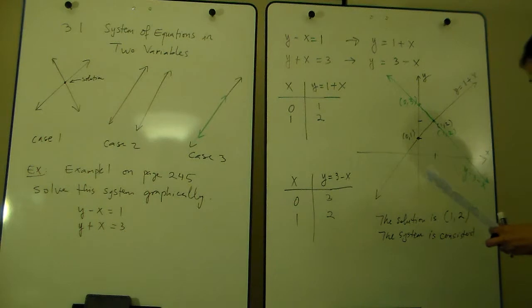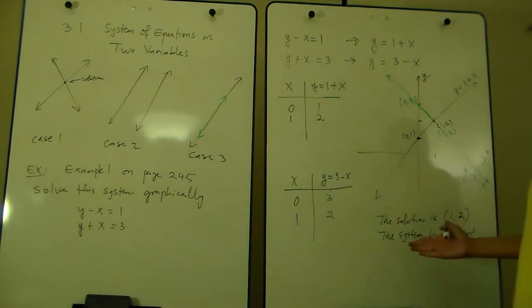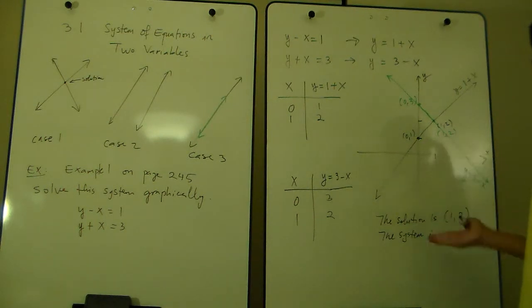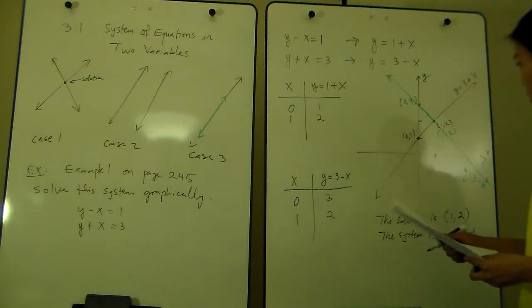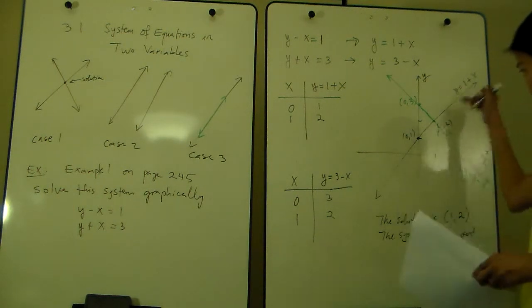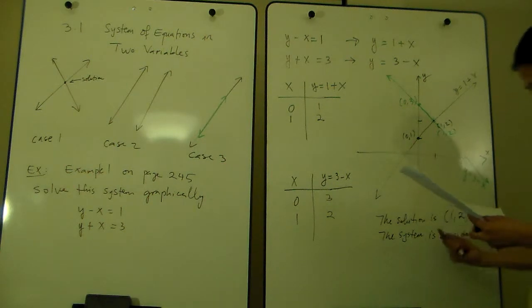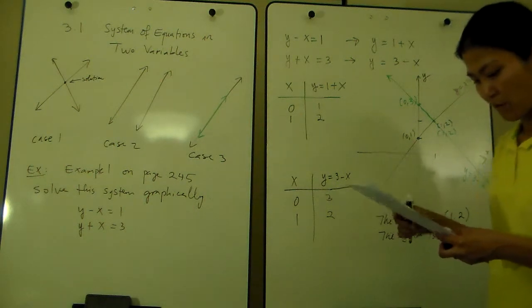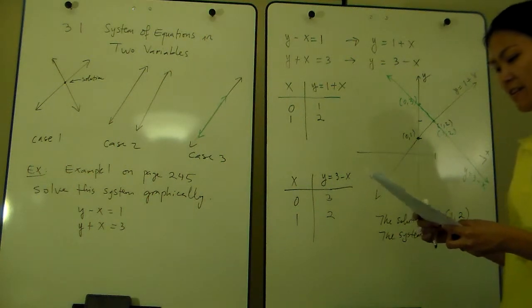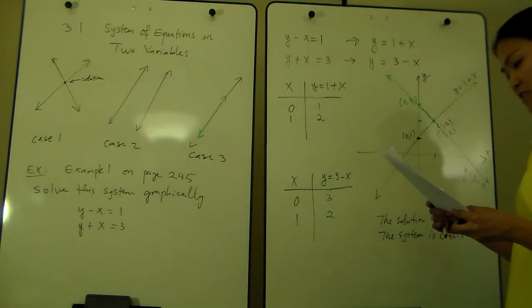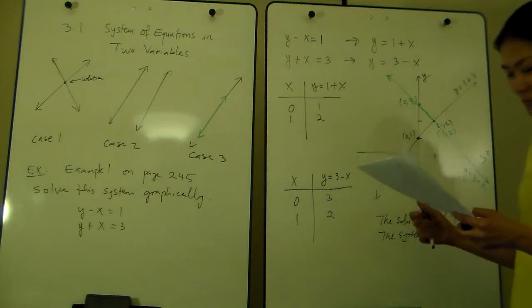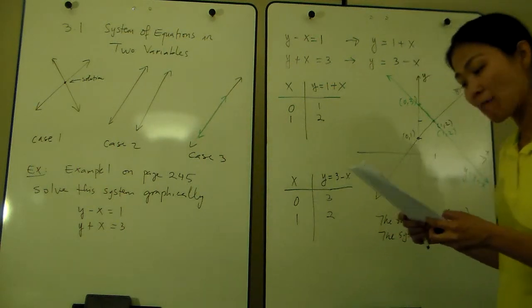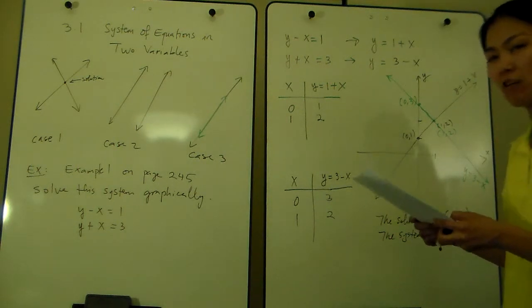And I will ask you, is the system dependent or independent? You can find that from the definition. In this case, there are different lines. The definition says dependent means the graphs of the equations are the same line. This is not the same line, so you read the last one: the graphs of the equations are different lines.